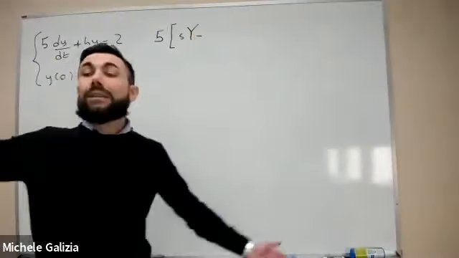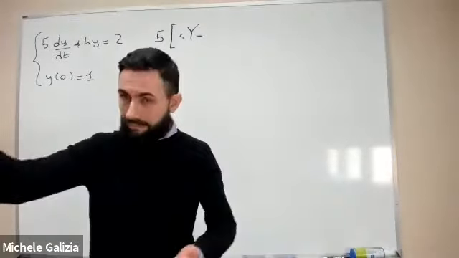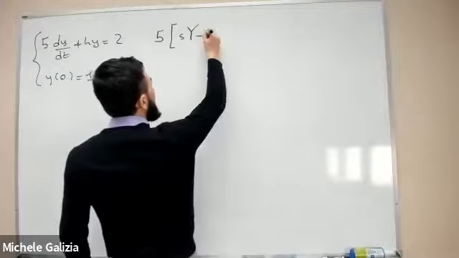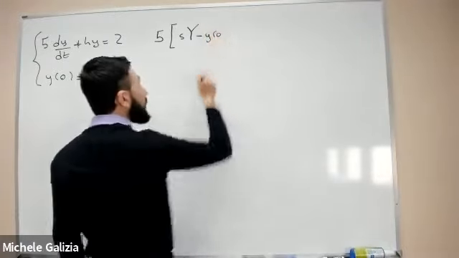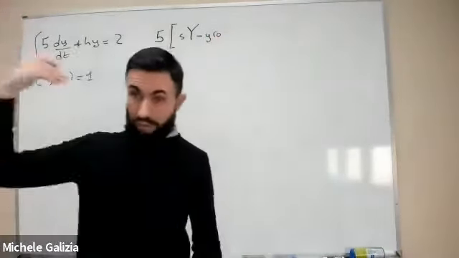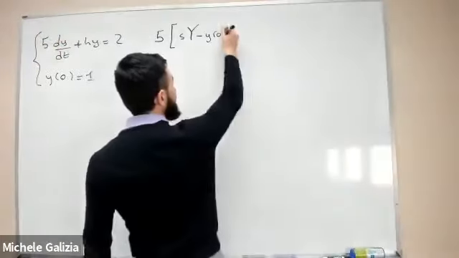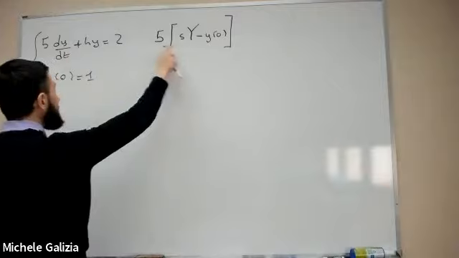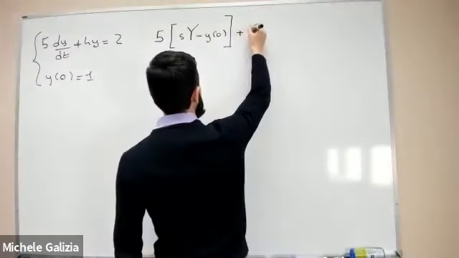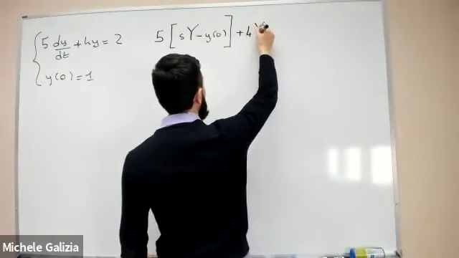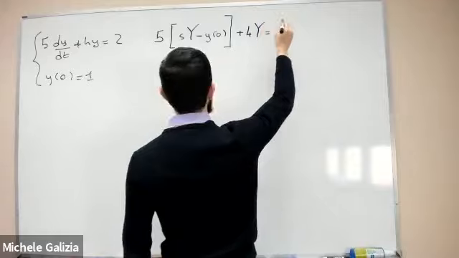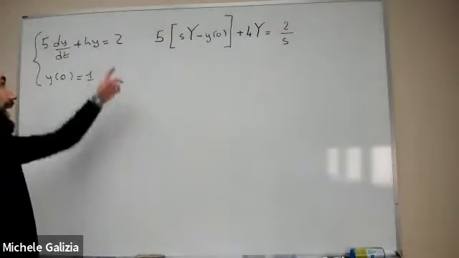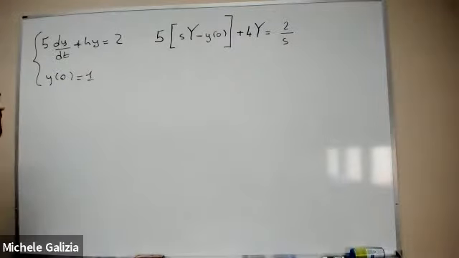I'm just applying the formula. If you don't remember the formula, make sure you have the table with you. Minus y non-capitalized, the original function calculated at 0. That is the formula that gives the transform of a derivative, plus 4 times the Laplace transform of y, equal to 2 over s, the Laplace transform of a constant.